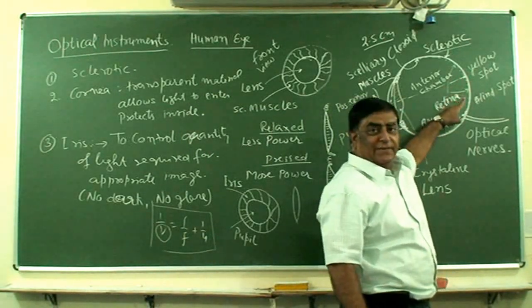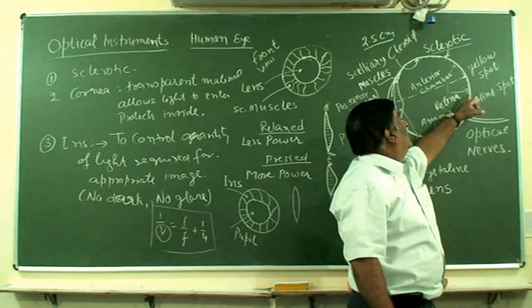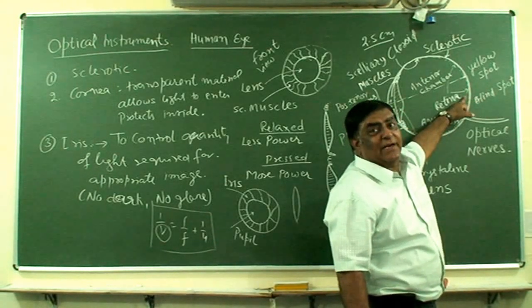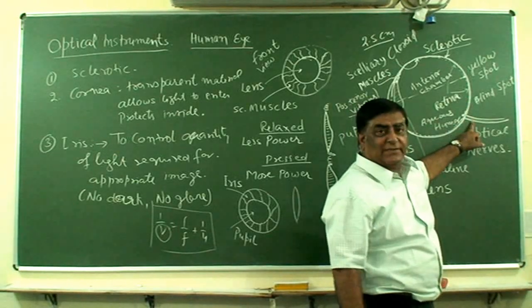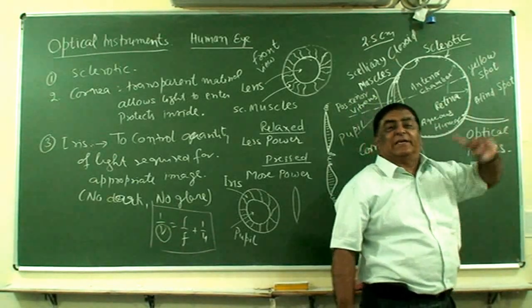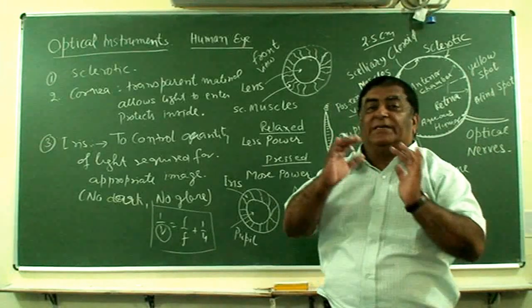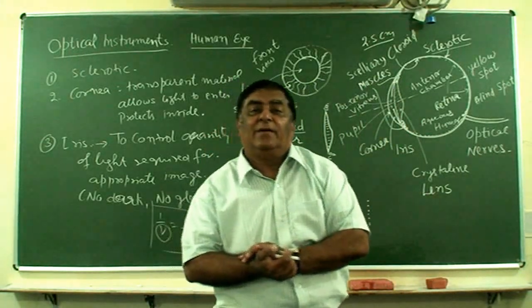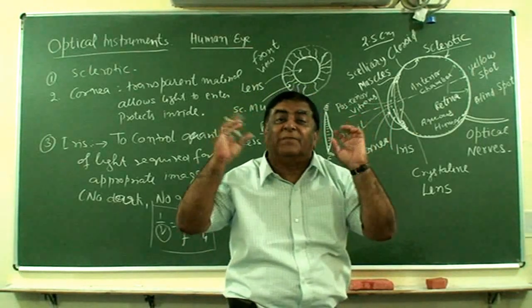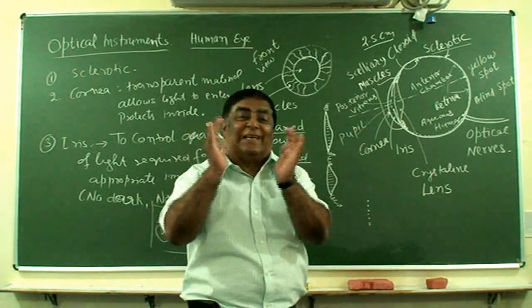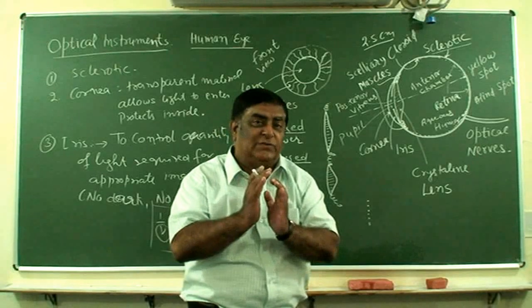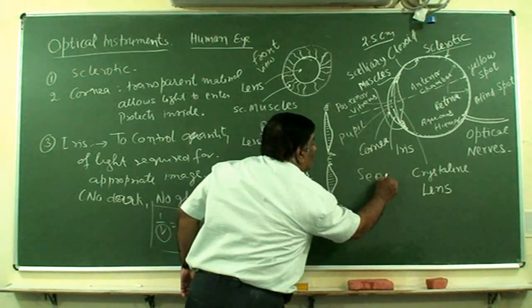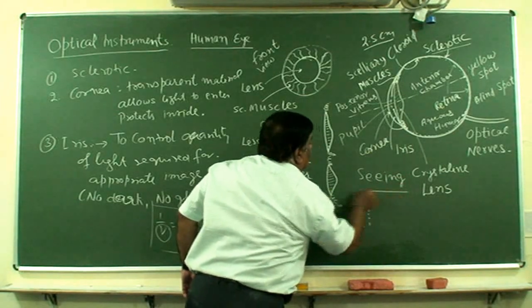The sharp image formed here is converted into electrical signals and sent to the brain, and somewhere in the brain that image is formed again, and then we sense something in our brain. That sensing of the image we call seeing.